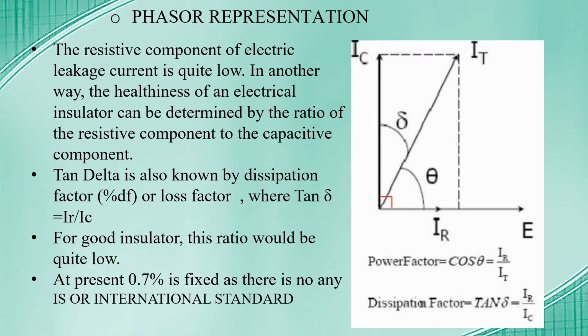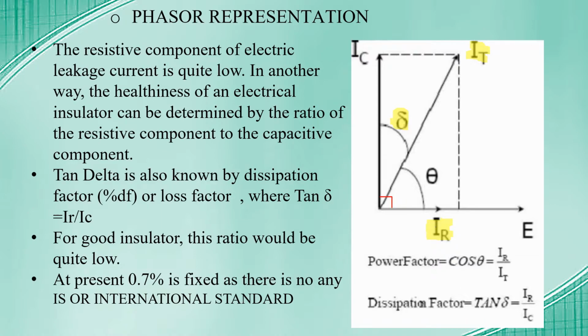Moreover, it will also have the resistive component, meaning the resistive current will be in phase with the applied voltage. Due to the presence of resistive current, the total current, instead of being in phase with the capacitive current, will lag it by an angle of delta. This delta is nothing but the tan delta angle, also called the loss factor or the dissipation factor.